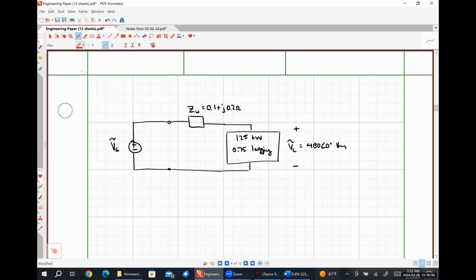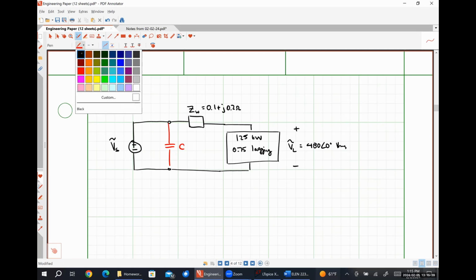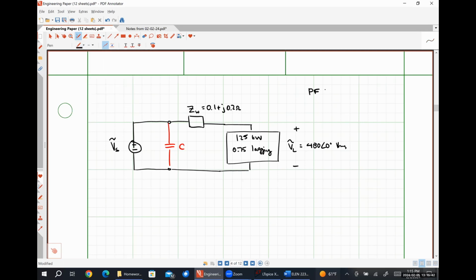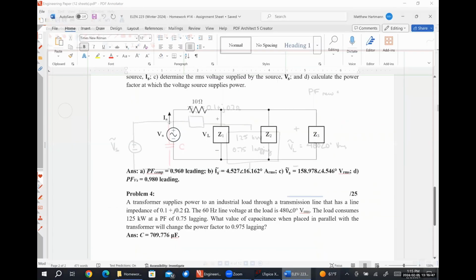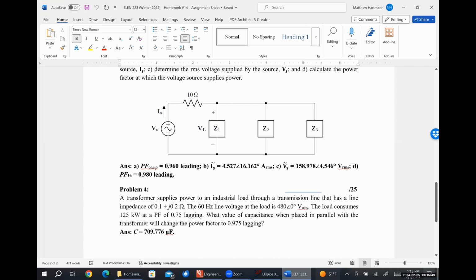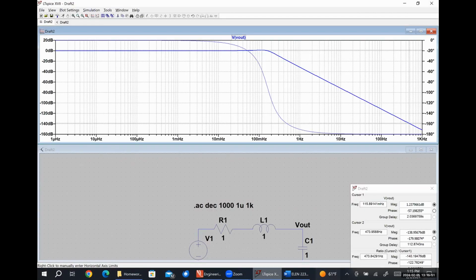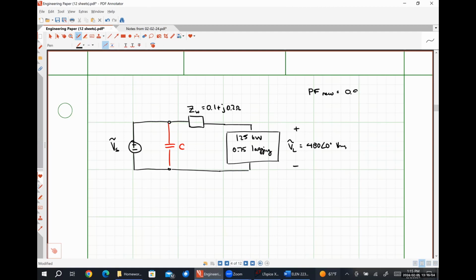I want to know what size of capacitor I need if I want my new power factor for my transformer to be 0.975 lagging. First thing I'm going to do is figure out the complex power absorbed by my load.